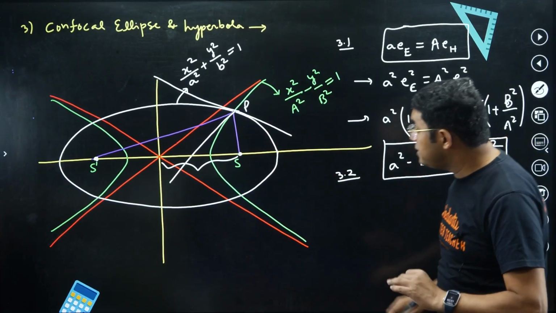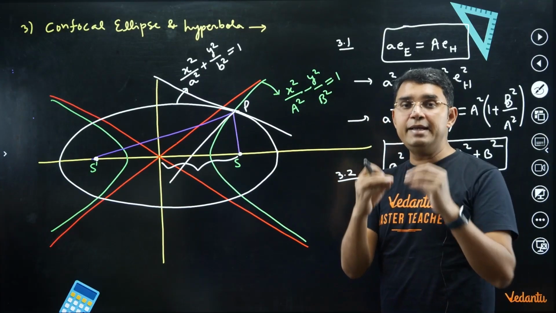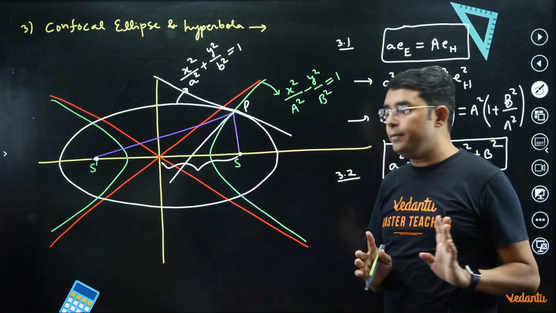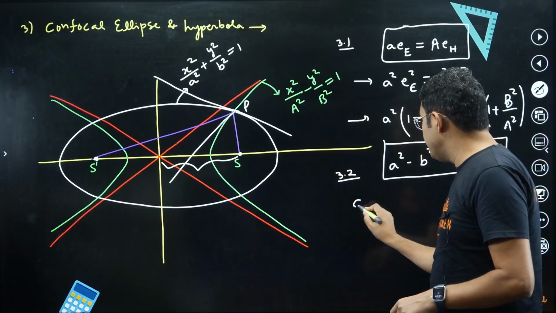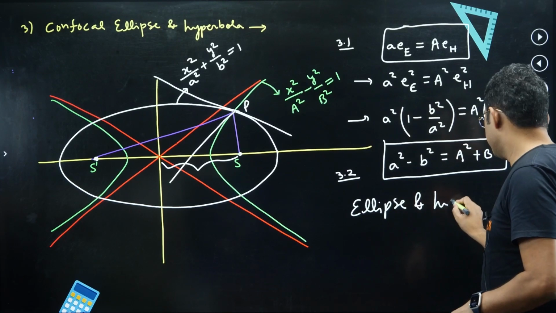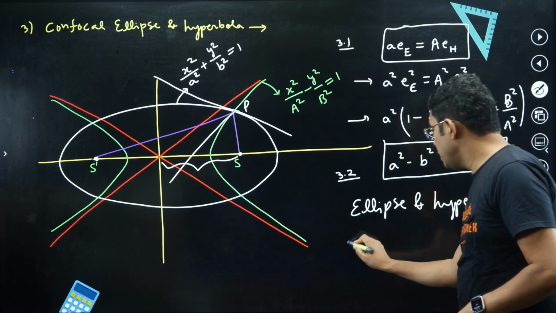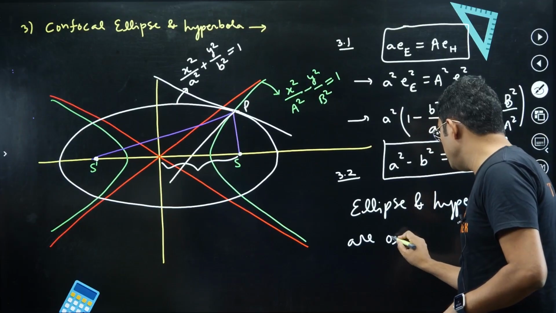The meaning is that the point P where they are intersecting, they actually intersect each other at 90 degrees. That means in this case the ellipse and hyperbola are orthogonal to each other.